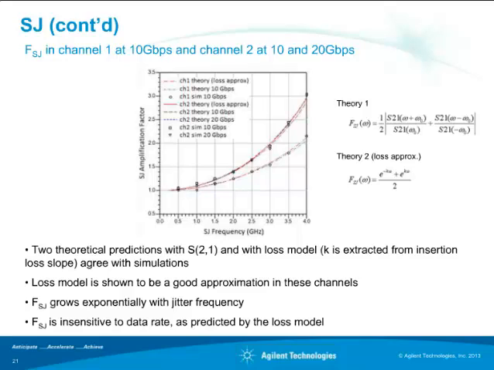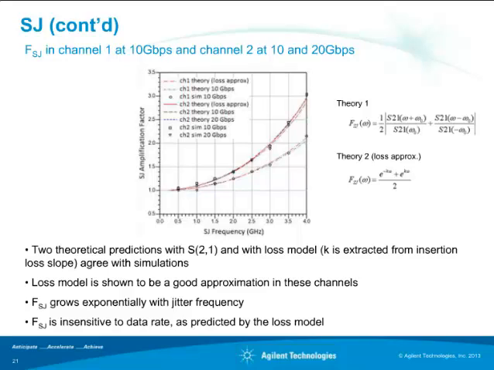And in the second theoretical result, we use the loss model formula. We can see that the simulation results are in excellent agreement with both theoretical predictions. And the loss model turns out to be a fairly good approximation in these channels.